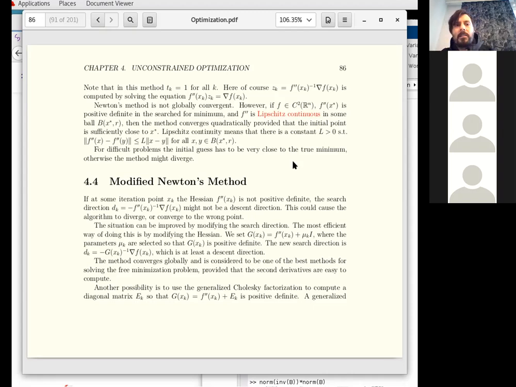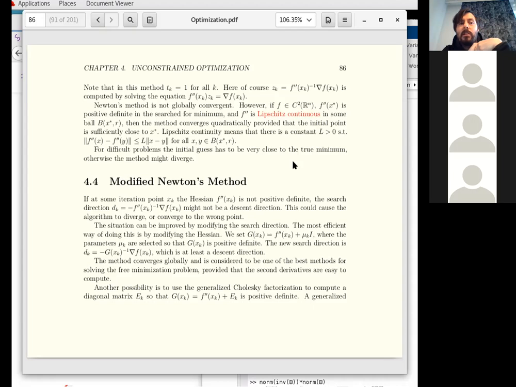The Newton method doesn't converge globally, but there are theoretical results that give us good guarantees. If at this optimum point the Hessian is positive definite and it has this so-called Lipschitz continuity around that point, then the method converges if we are sufficiently close.